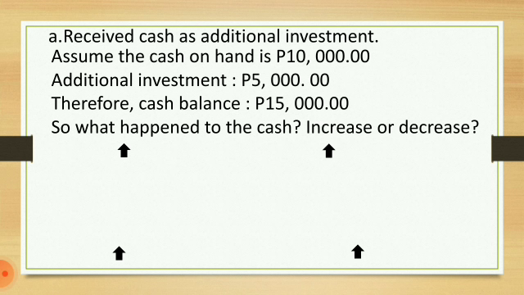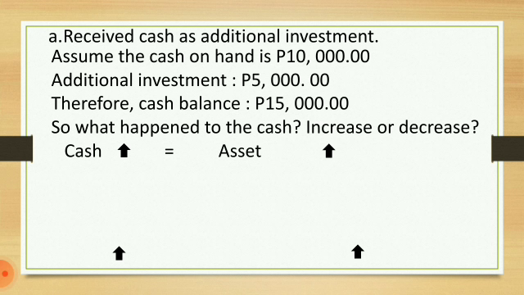And then there was an additional investment of 5,000. Therefore, what happened to your cash? From 10,000 plus 5,000, it became 15,000. So what happened? Obviously, is it an increase or a decrease? It is increase.